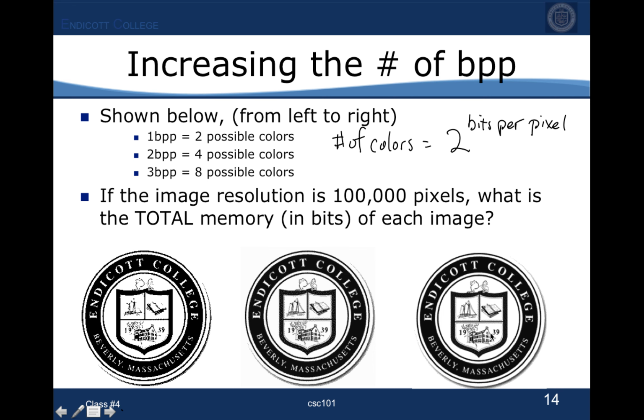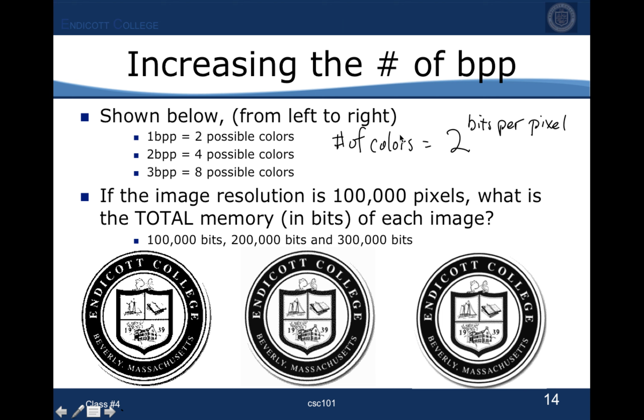Okay? So of course, if each image is, let's say, 10,000 pixels, because each of these 3 images has the same resolution but different amounts of memory or different numbers of colors, the first image is 1 bit per box, the second image is 2, and the third image is 3. So if you have 100,000 pixels or boxes, then you should need 100,000, 200,000, or 300,000 bits.